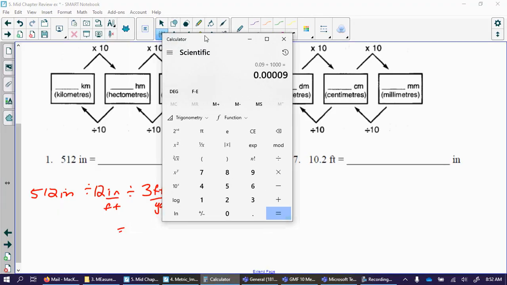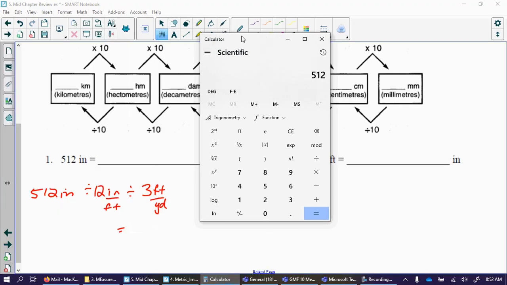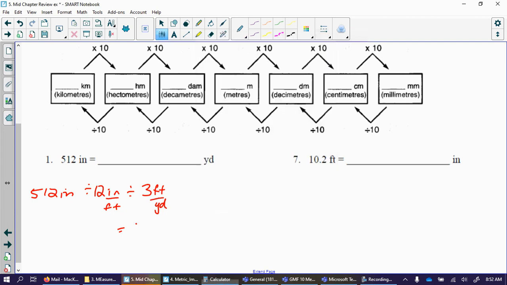If you remember the factor of 36, just divide that by 36. That's all good too. Divided by 12, divided by 3 equals 14.22 yards. Give me a second to write that down.